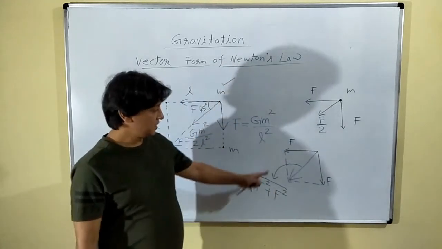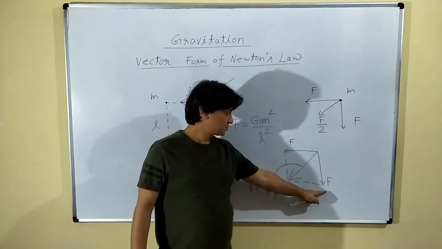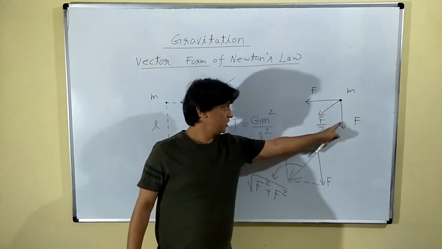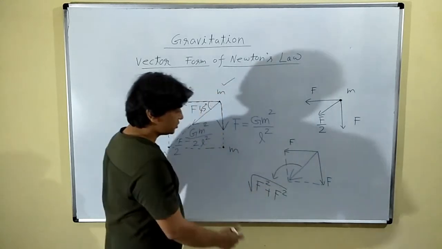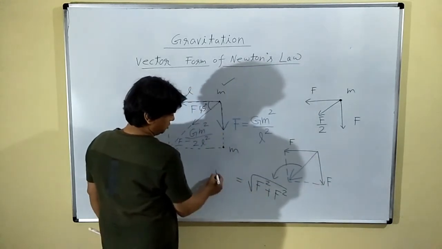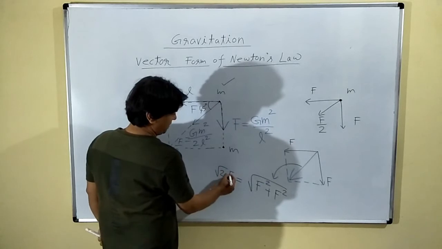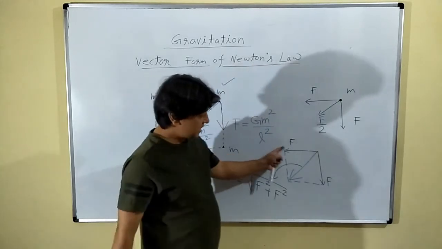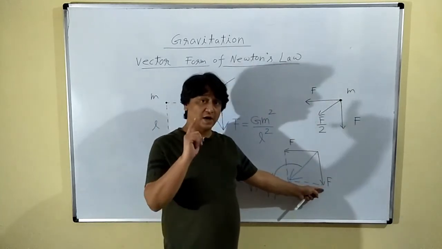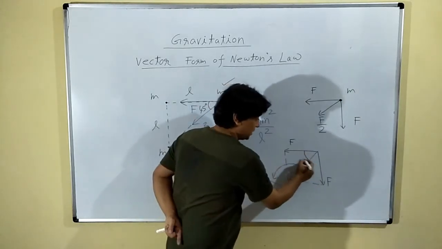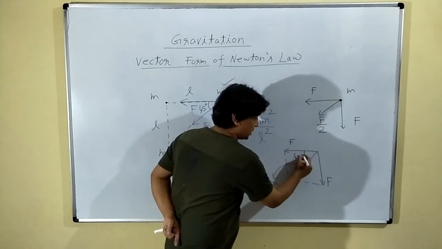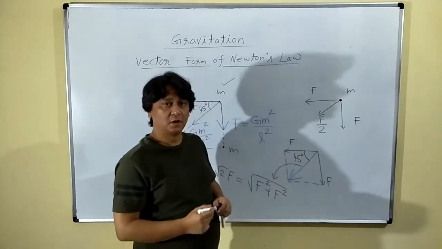A simple story. The magnitude of these two is root 2 F. This is F, this is F, and they are identical magnitude wise. That means this angle is 45 degrees.